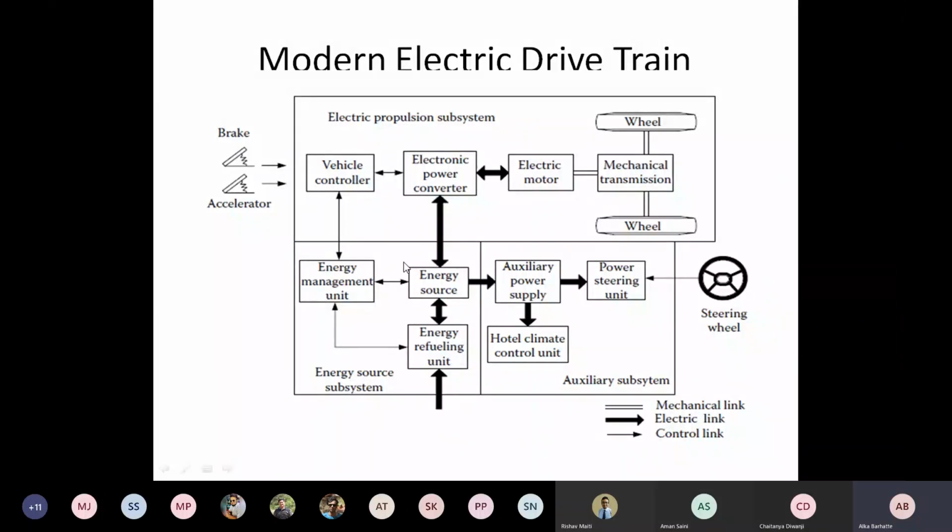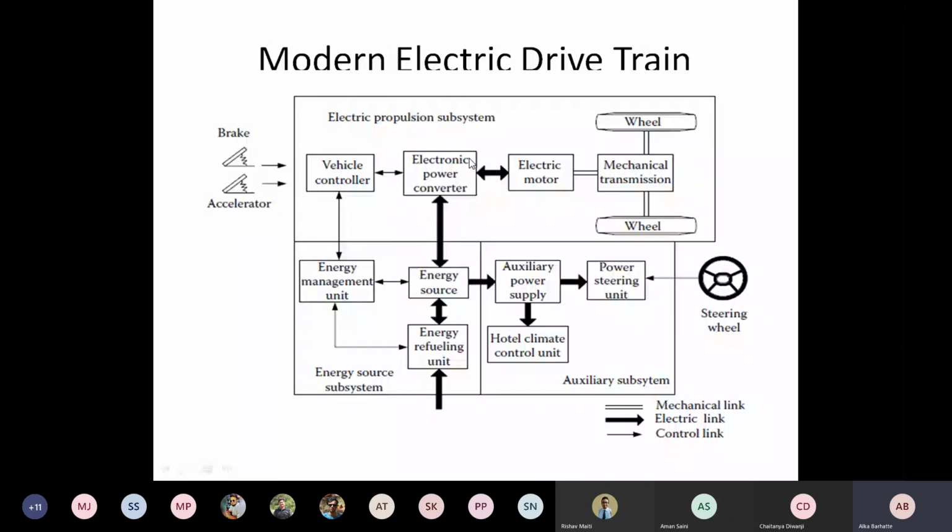The backward power generated due to braking, that is regenerative power, can be stored in the energy source. The energy generated during braking is diverted through the electronic power converter to the energy source. This is how this subsystem works.